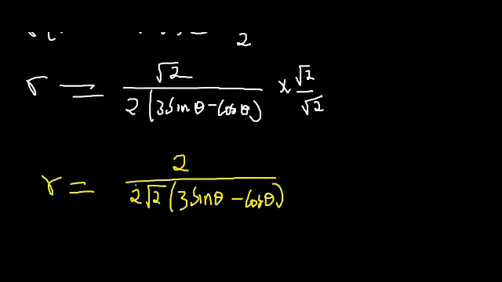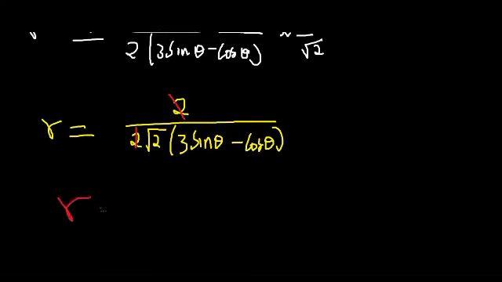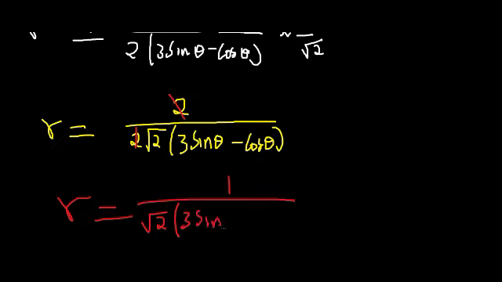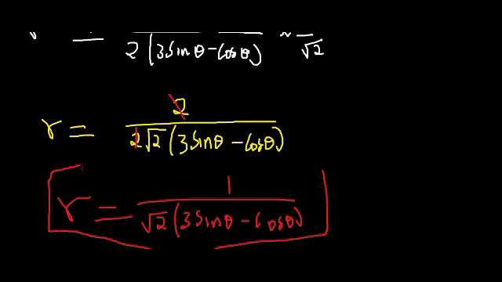Now our 2 is going to cancel, the 2 will go away, so we'll be left with r equal to 1 divided by root 2 into 3 sine theta minus cos theta. So the proof is finally out as required, so you can just write here as required.